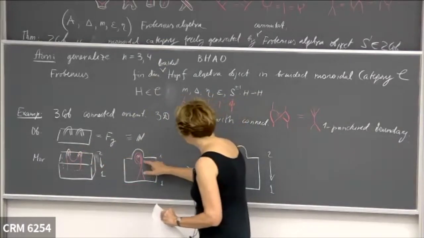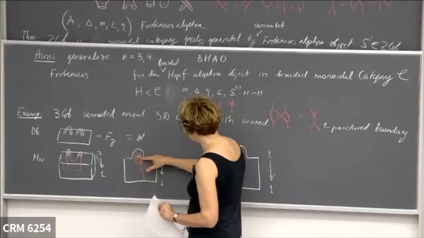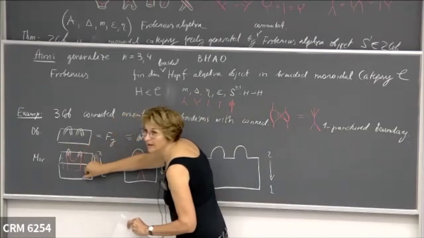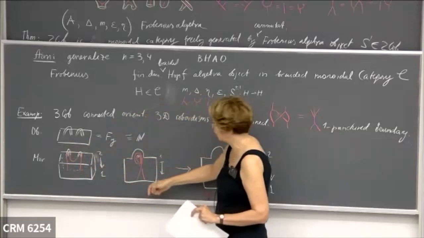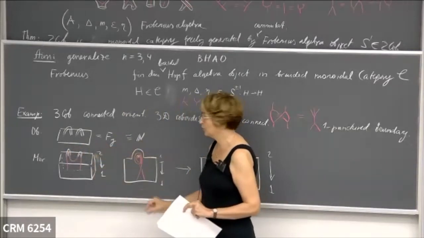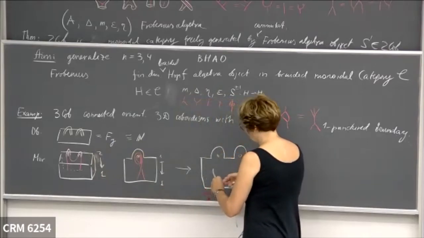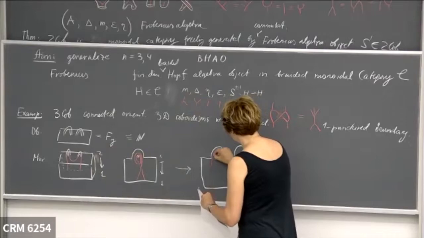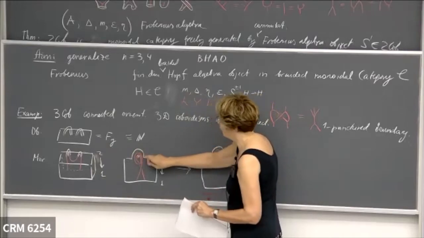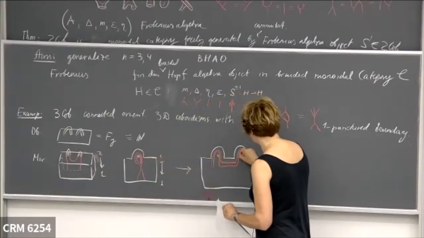And now I should compose it with this one, where I just cut this one-handle and embed it along this one. So this is the structure. You just cut like this, embed here along this one, and what you see is now you will have the same line as before, but because in this handle you have 2 copies of this red line, you will also obtain 2 copies of this line here.